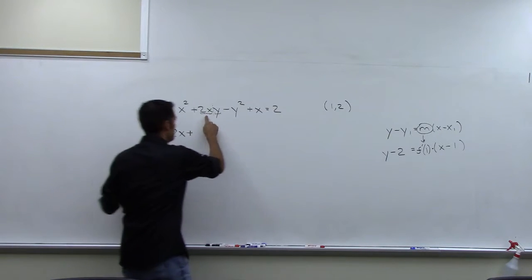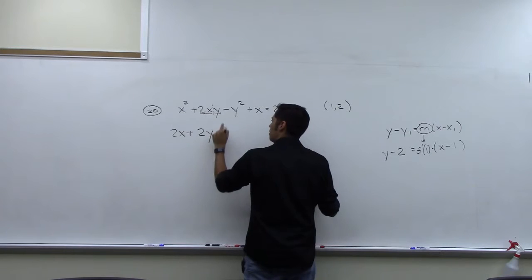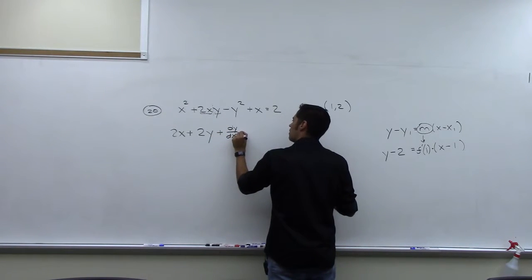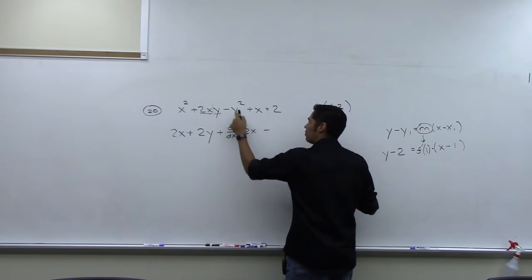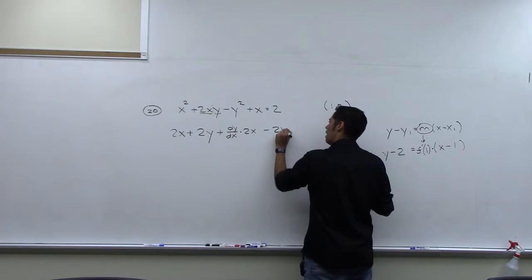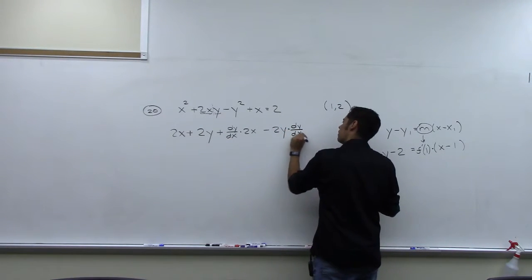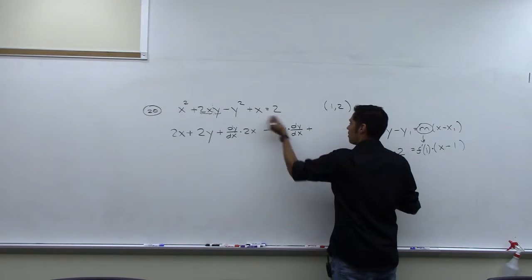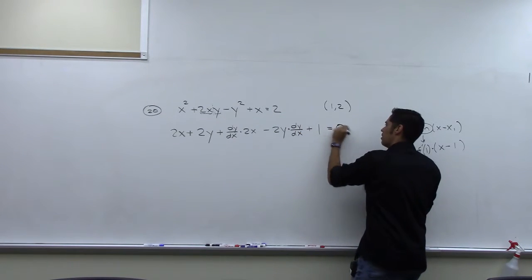Derivative of 2x is just 2 times the second function plus derivative of the second function is dy dx times the first function, 2x. Minus derivative of y squared is 2y, but then because of chain rule, times dy dx. And then plus the derivative of x, well, since we're differentiating with respect to x, it's 1. And that must equal the derivative of the right side, which is 0.